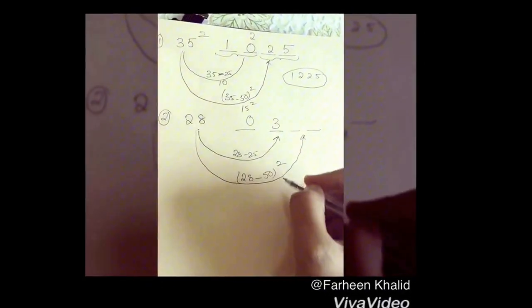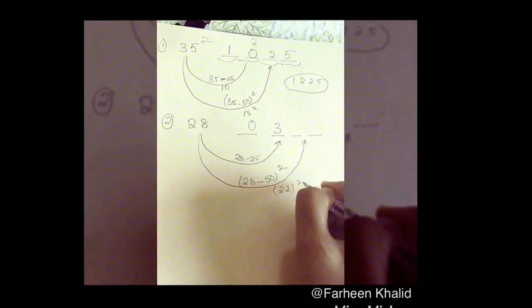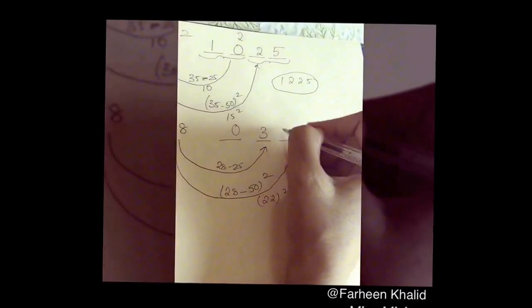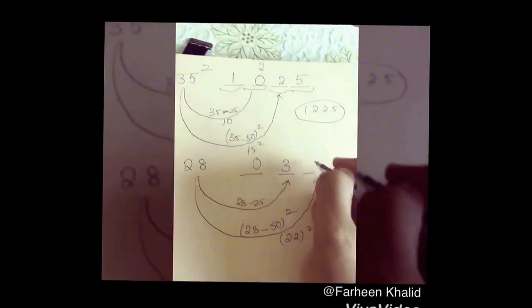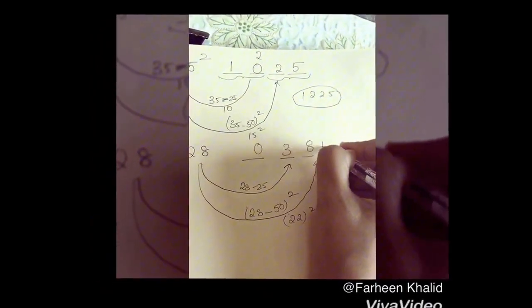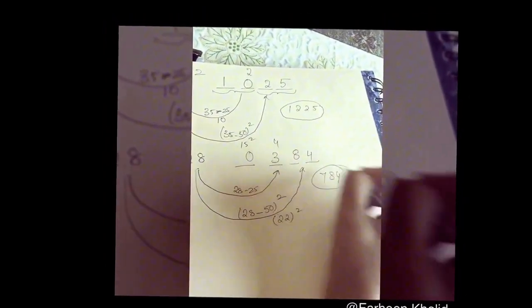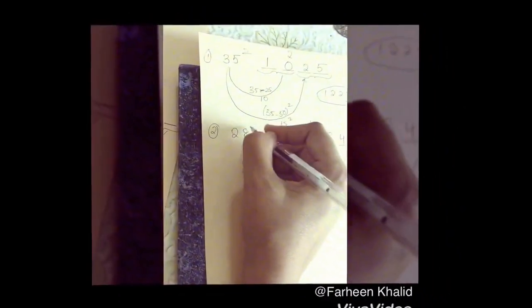Okay, so 28 minus 50 is basically 22 square. All right, so 22 square is, as you can see here, 484. So you put an 84 here and you carry over the 4, and now you have to just add, which makes it 784. So that is 28 square.